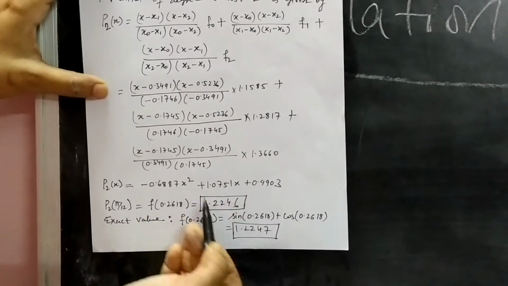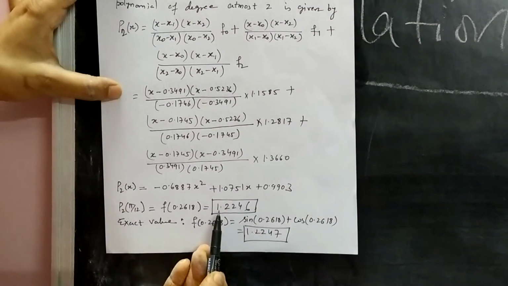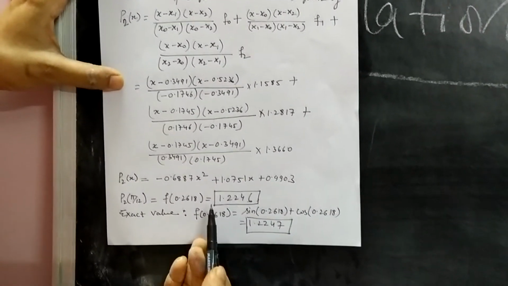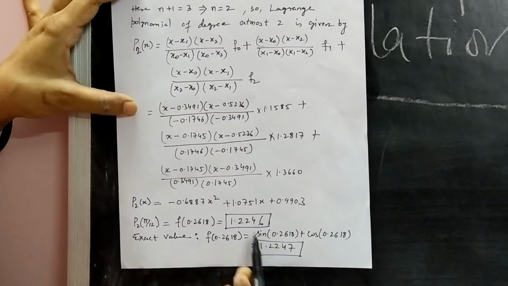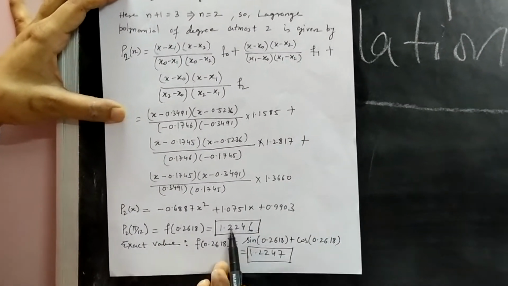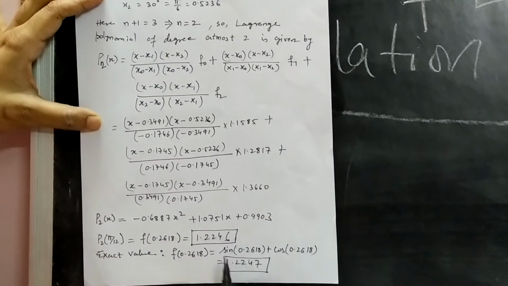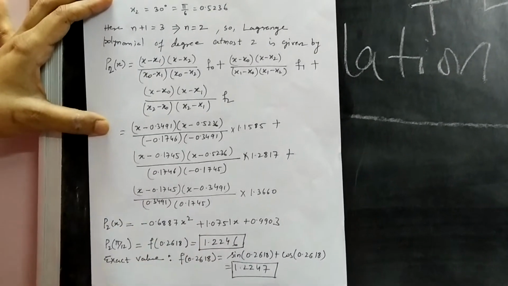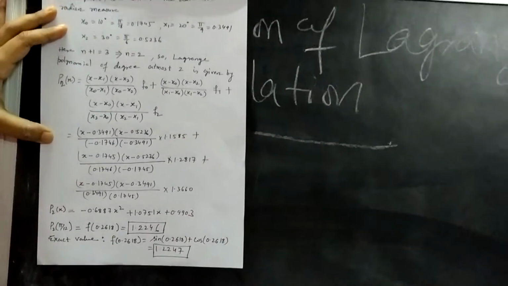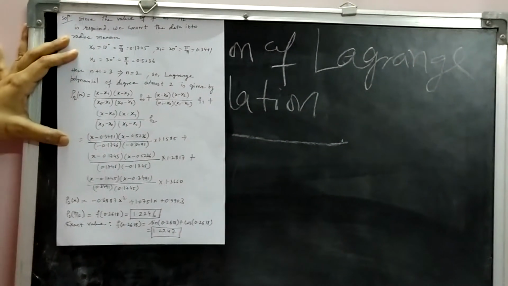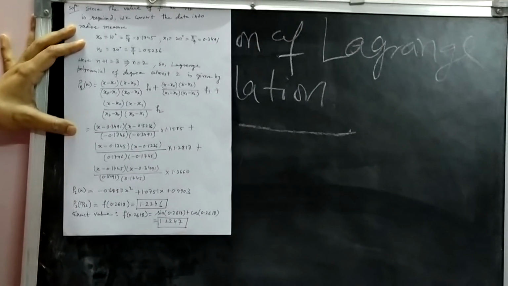Just see the value obtained with the help of the Lagrange interpolating polynomial and the exact value. There is not much difference. So it can be concluded that this Lagrange interpolating polynomial concept is a good concept, and it also gives accurate results, although there are some errors.